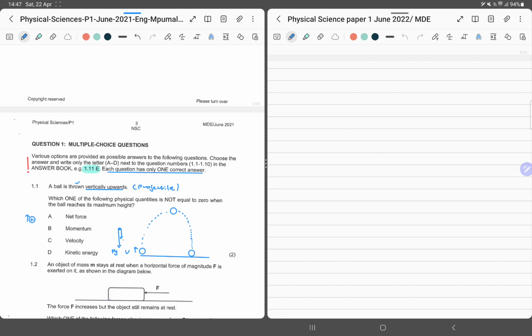And it always opposes the motion of the ball. So we can just say FA to suggest that this is air friction. Both of them are directed down, meaning they're going to give us an acceleration that is directed down. Why? Because the resultant force is downward. Okay, great.